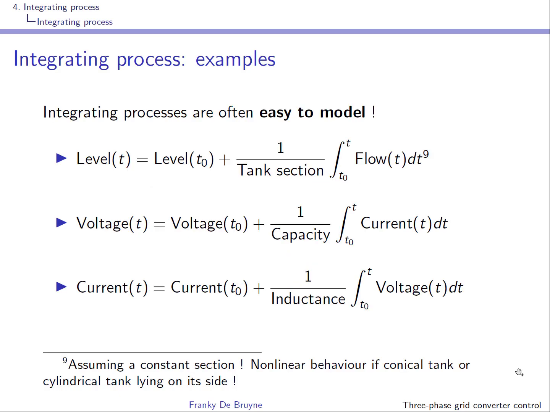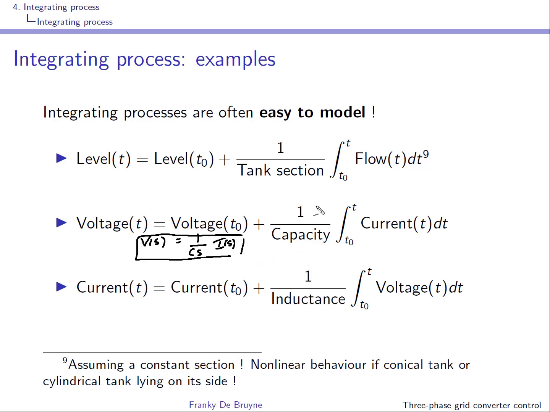Integrating processes are very easy to model, and this is particularly true for our two electrical examples here. If you look in the Laplace domain, you know that the voltage is 1 over Cs times the input current.